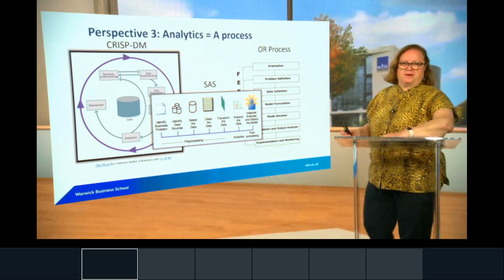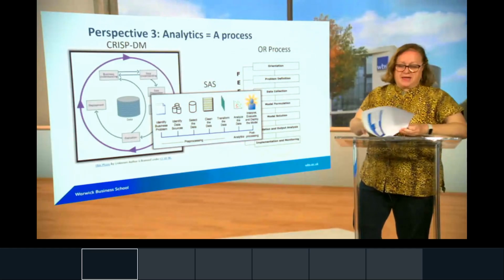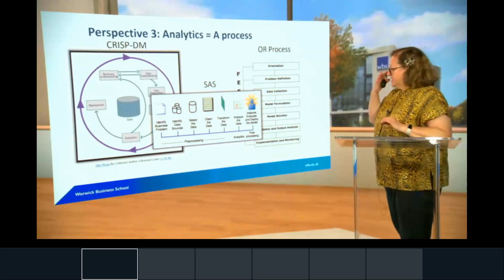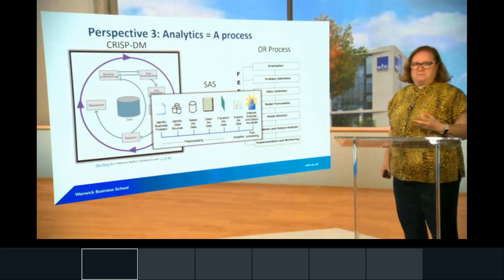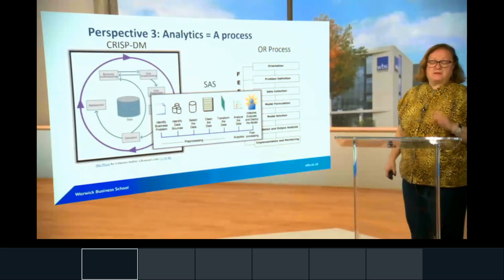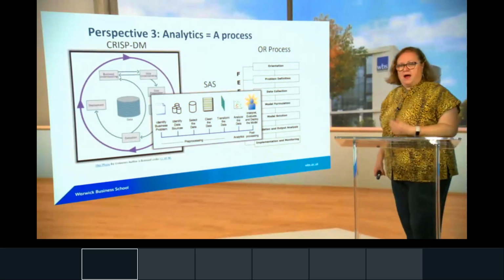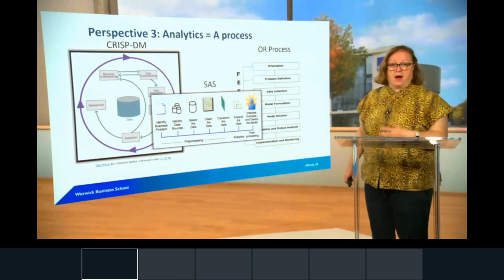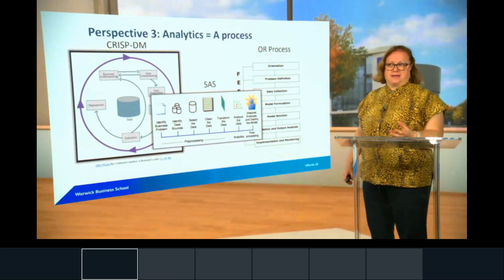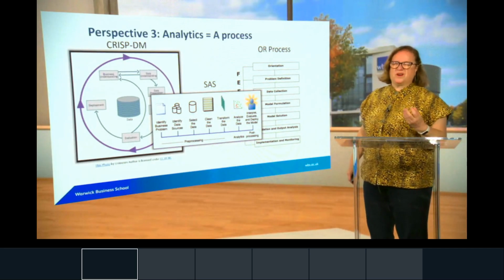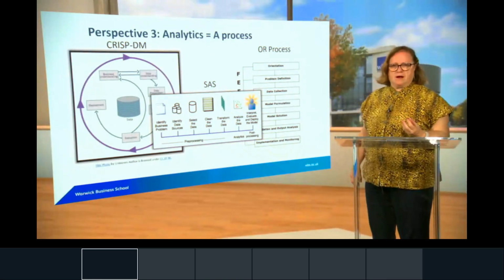So the point of all this is to say, again, analytics is a bit of a contested space in that there are different views. Why are there different views? Because we all come from different backgrounds. I come from an OR modeling background. I'm going to look at analytics probably through the toolkit and the process side of things.